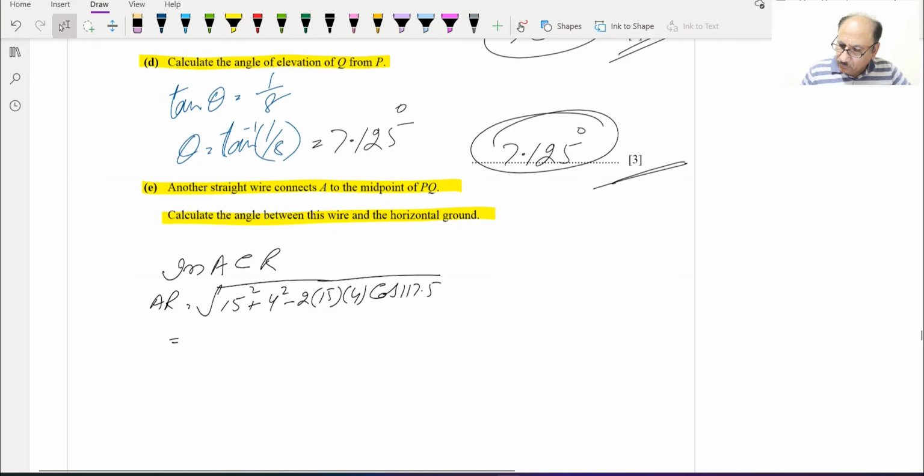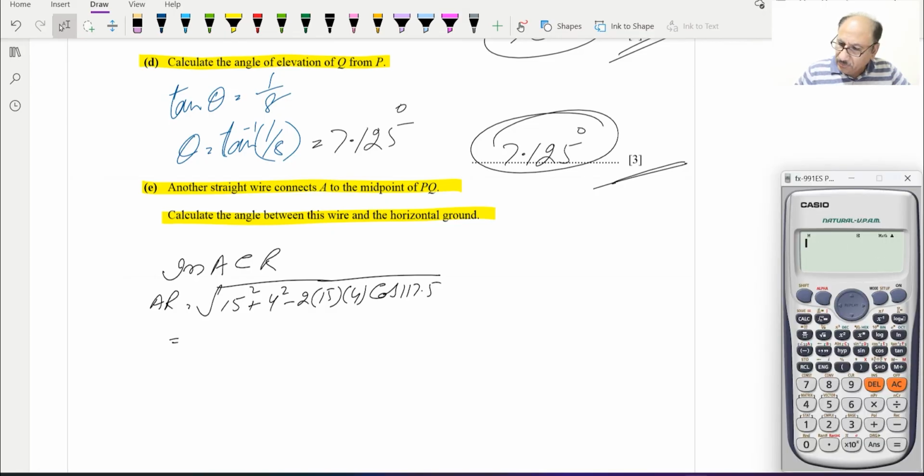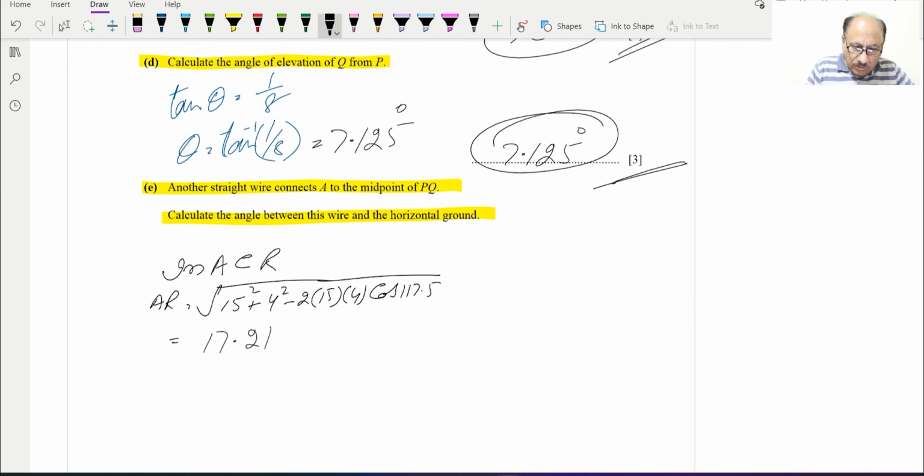So now we can calculate with the help of calculator. This will be square root of 15 square plus 4 square minus 2 into 15 into 4 into cos of 117.5, and this is equal to 17.217.